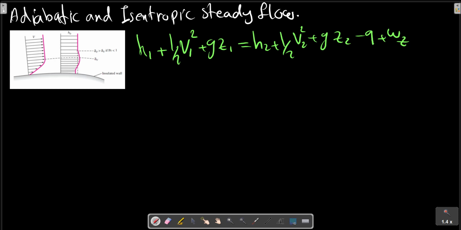You may wish to review the details of this equation in previous chapters, especially chapter 3.